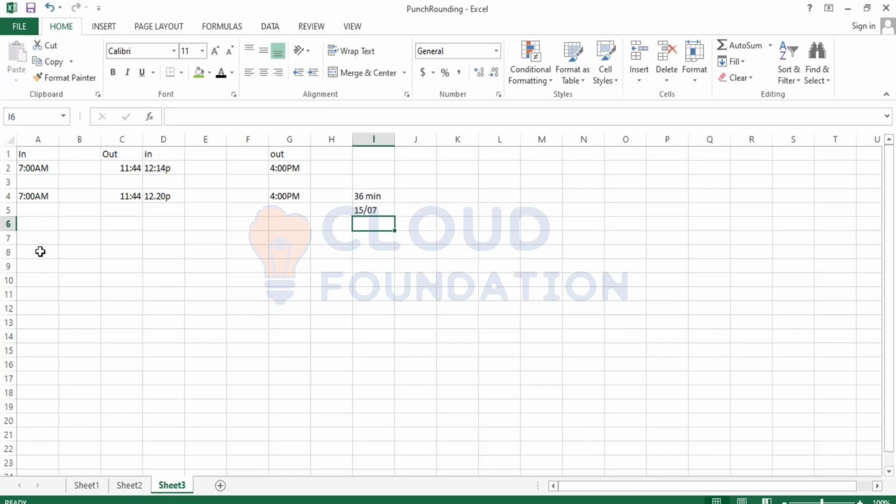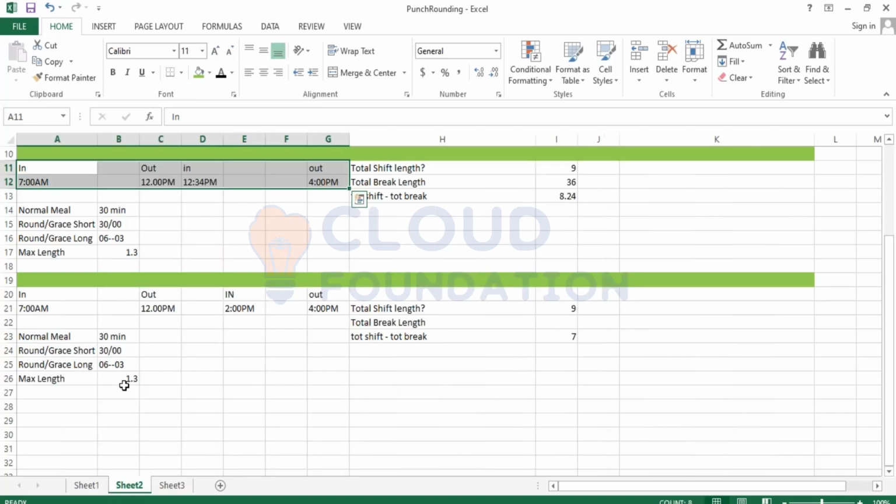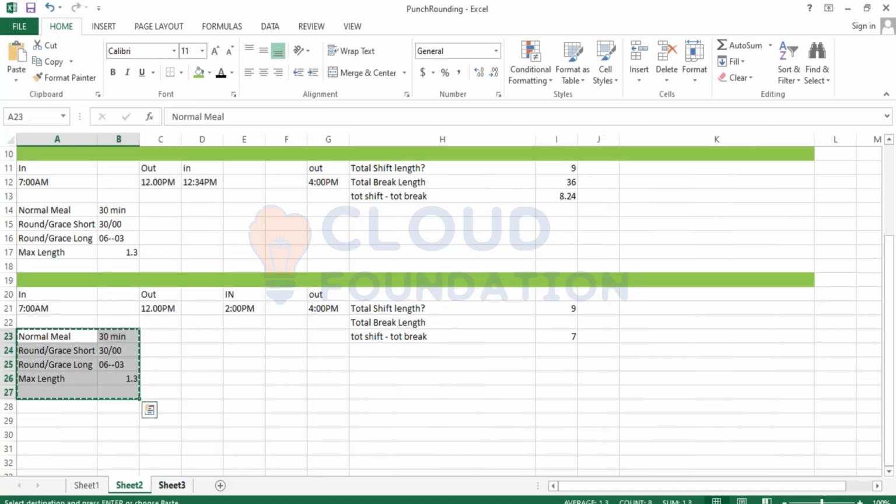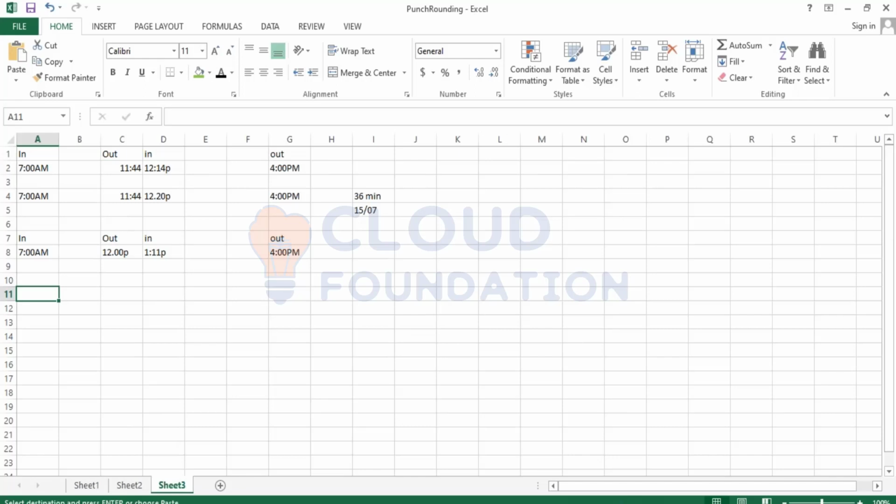Let's see one more example. Here it's 7, say 12 p.m. and 1 p.m., and 4. Let's take the same scenario.